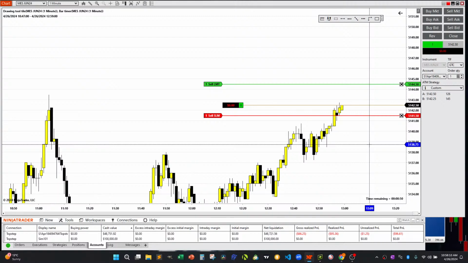Gain 2, lose 1. Really 1.1 or 1 1/4. Gain 1 3/4, lose 1 1/4 when you account for the cost of trading. So the gains and losses are quite small.